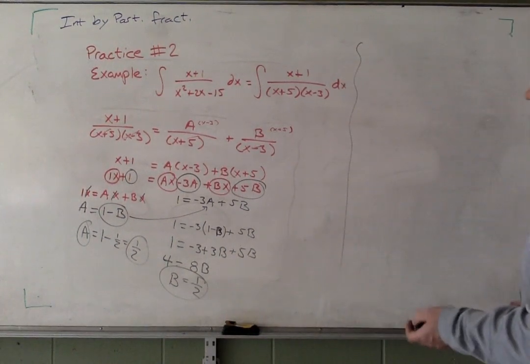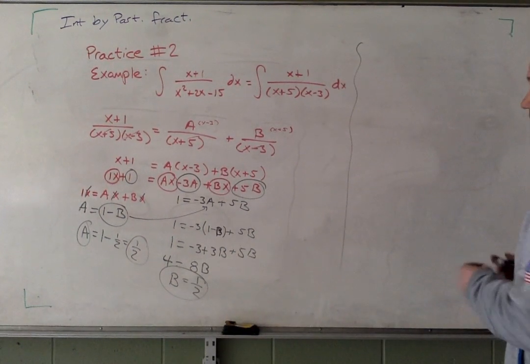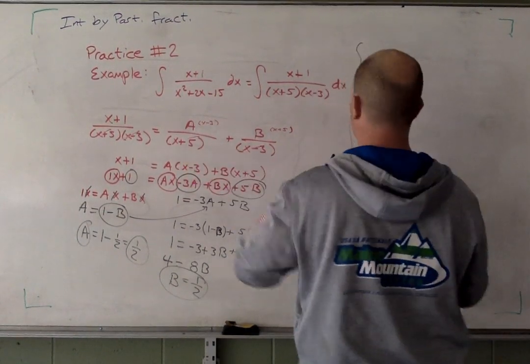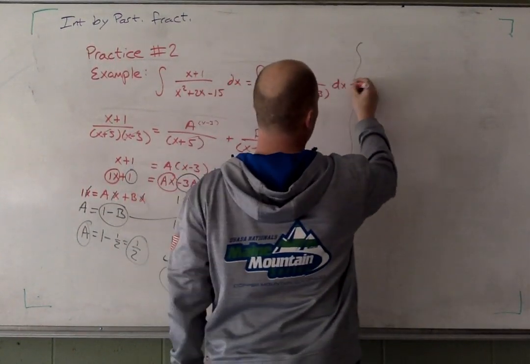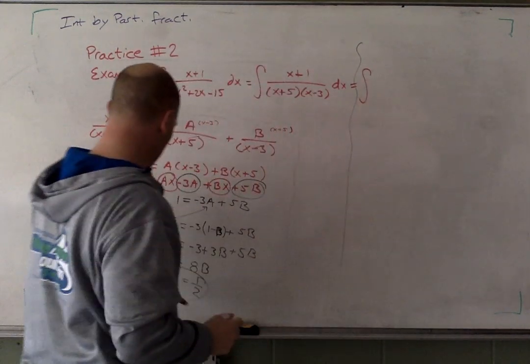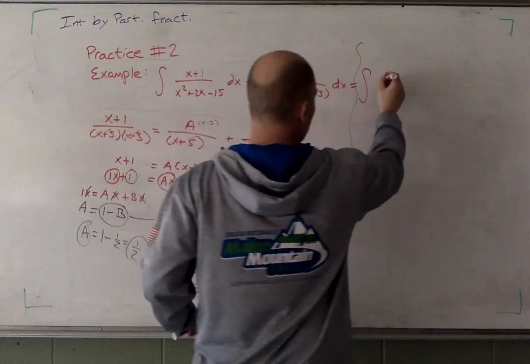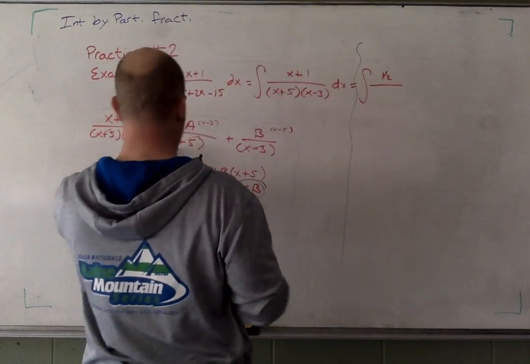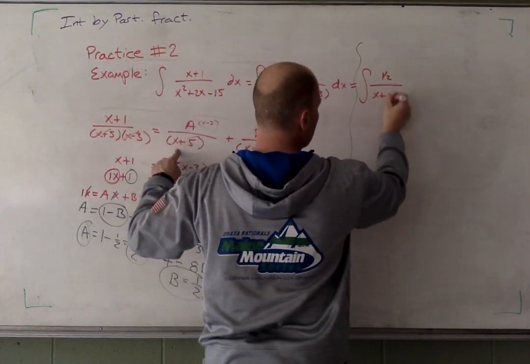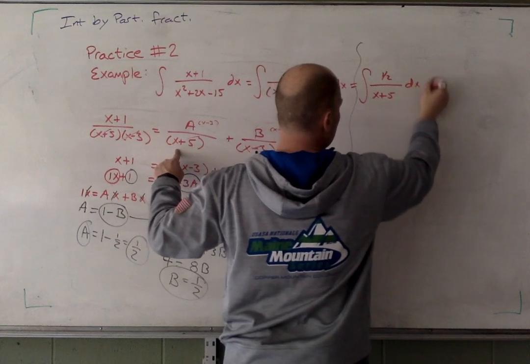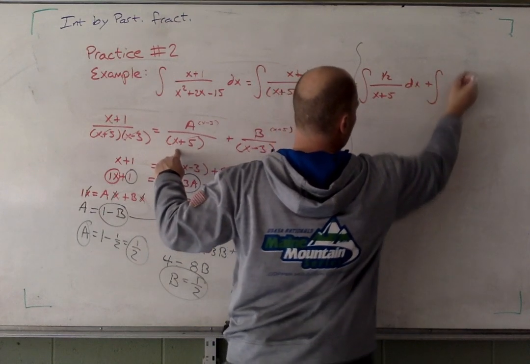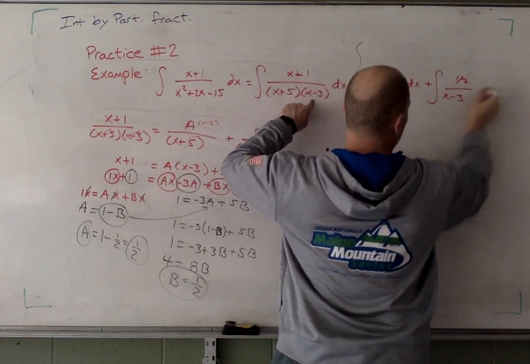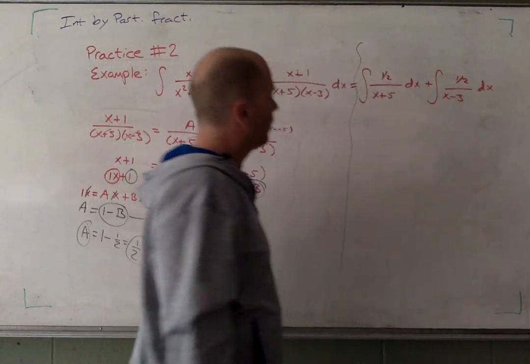So now it is time to plug back in, and I'm integrating this thing here because this integral is now the same as the integral of 1/2 over x plus 5 dx plus the integral of 1/2 over x minus 3 dx.